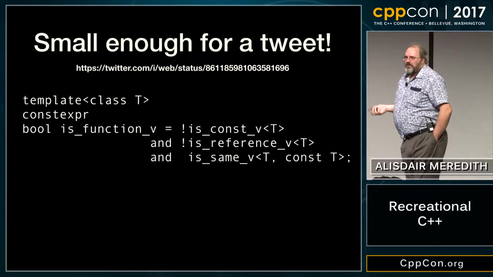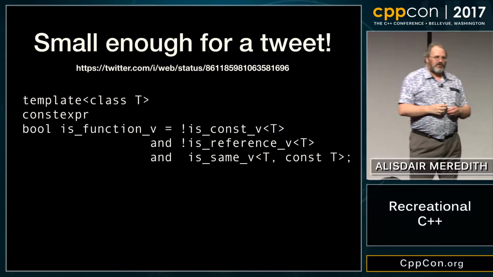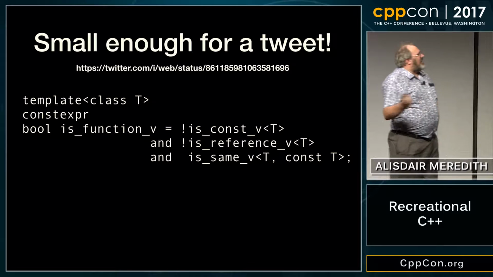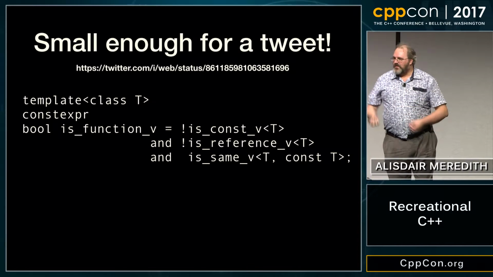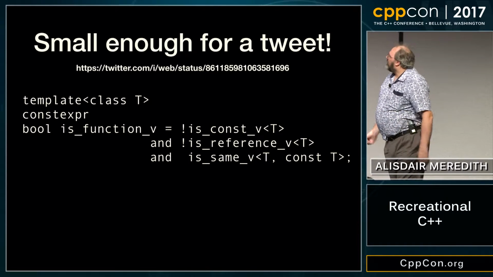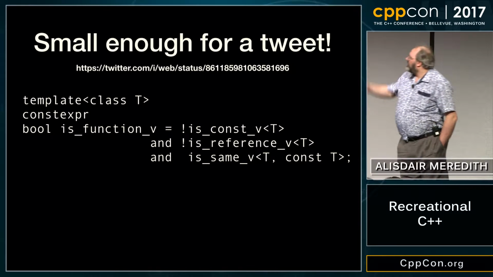So this was my approach, which was small enough, just having got onto Twitter, I actually got to fit it on a single tweet. So the idea here is function types, as we said earlier, cannot actually have CV qualifiers. So I know that my function type is never const.